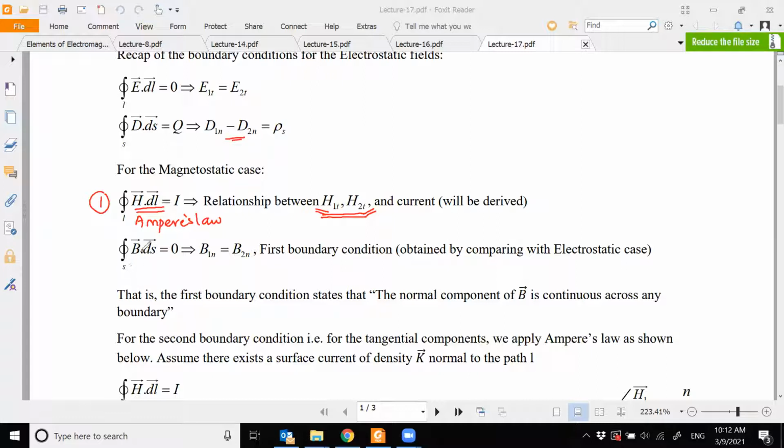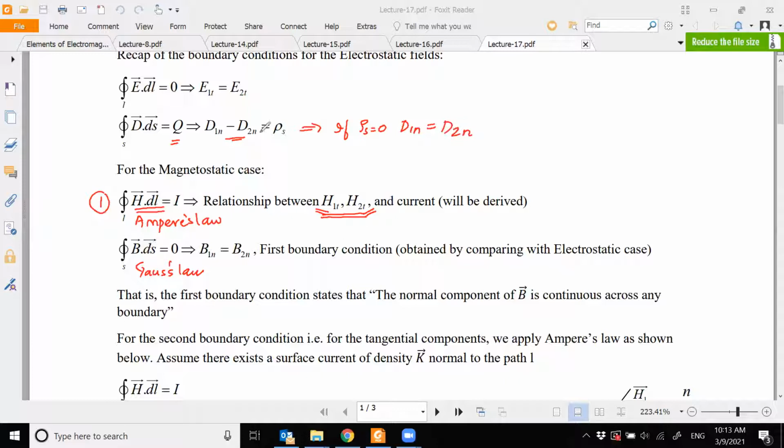So this is Gauss's law of magnetostatics, which is the closed surface integral of B bar dot dS bar is equal to 0. In electrostatics, if there was a charge, we got this expression. And if the charge is absent, then what do we get? Yes, if rho s is 0, we got D1 normal is equal to D2 normal.